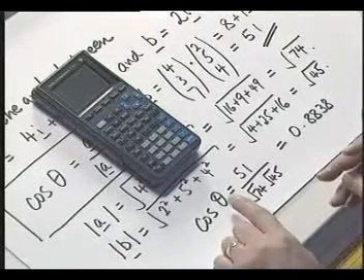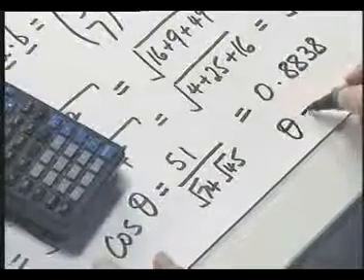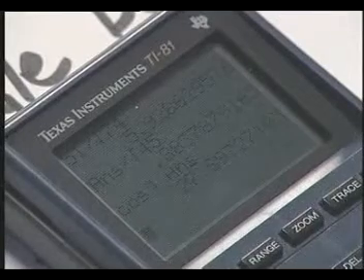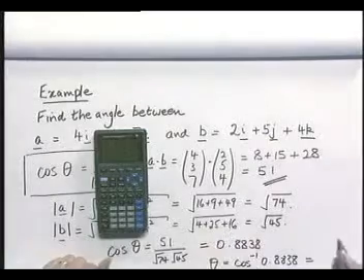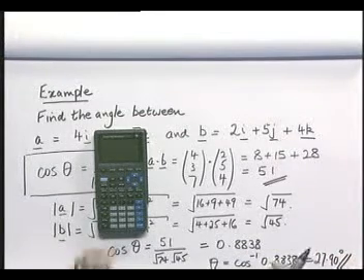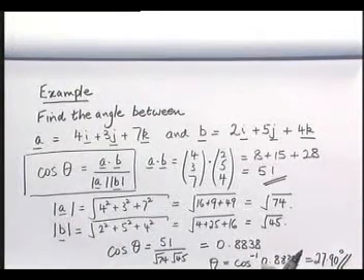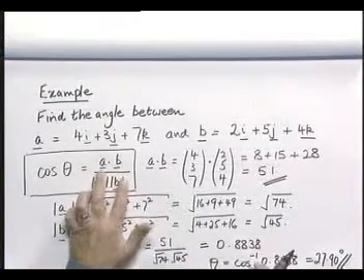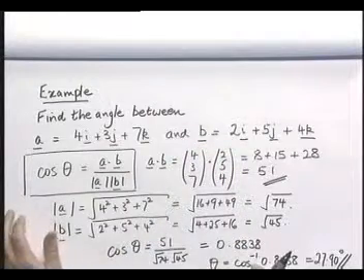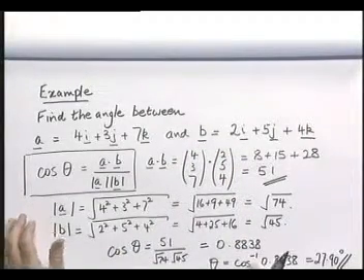That's the cosine of the angle between the two vectors A and B. If we find the inverse cosine of 0.8838, which is 27.90 degrees. So there we've seen how we can use the scalar product to find the angle between two vectors when they're given in Cartesian form.